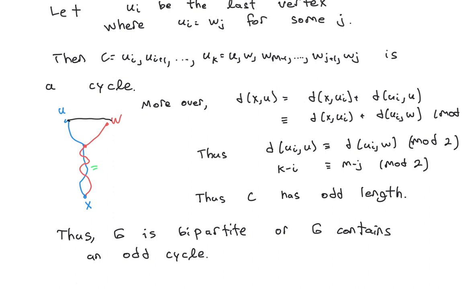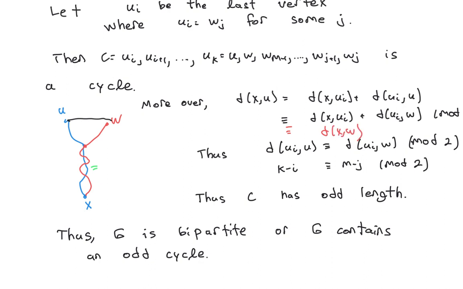So how do I do that? Well, the distance from x to u is equal to the sum of the distances from x to ui and then from ui to u. And similarly, the distance from x to w can be separated into x to ui and then ui to w, which is this last bit here.